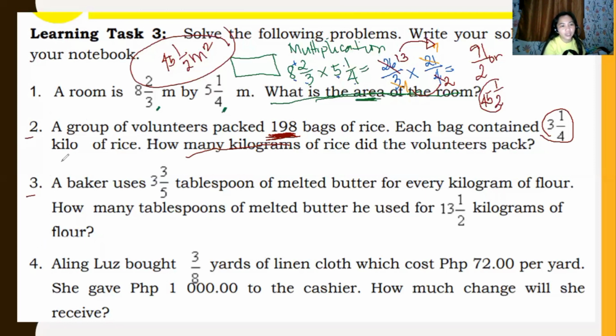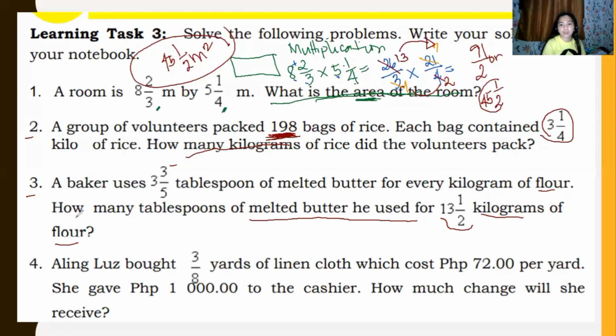How about number 3? A baker uses 3 3/5 tablespoons of melted butter for every kilogram of flour. How many tablespoons of melted butter will he use for 13 1/2 kilograms of flour?